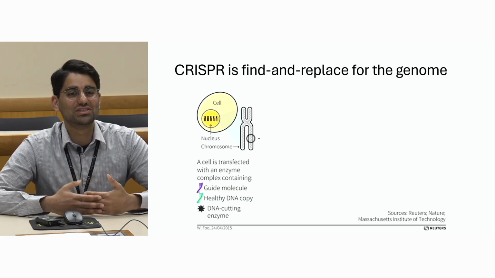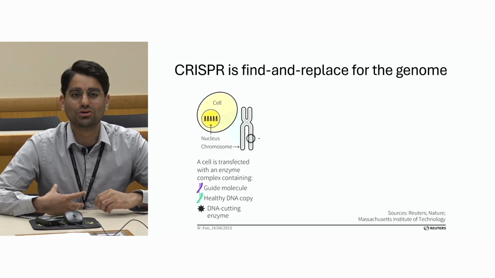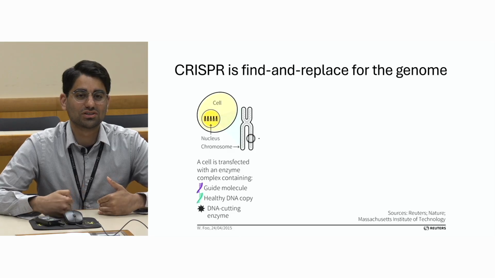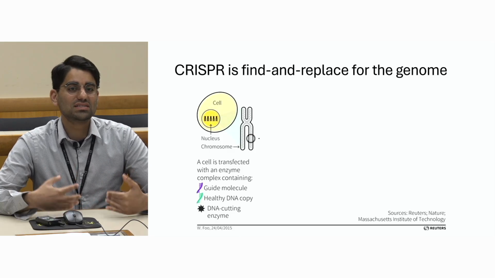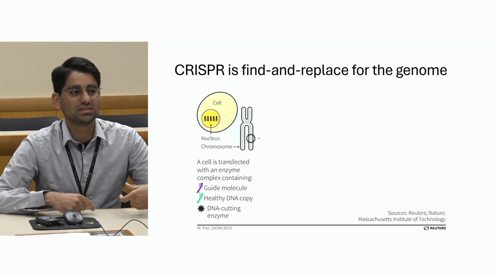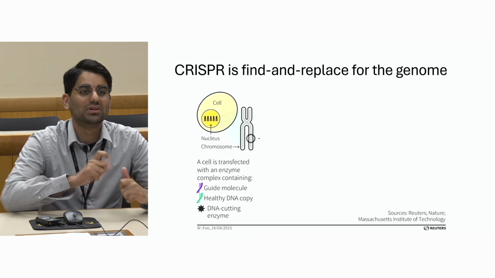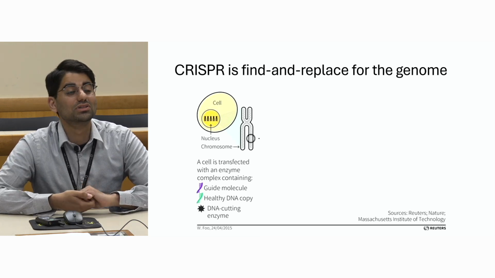Like I mentioned, the genome, or the DNA of all of our body, is contained in chromosomes, and those form the instruction sets. This is how we change those instruction sets. We look for a very specific sequence, and then we can cut it out and replace it with another sequence. That's what CRISPR enabled.